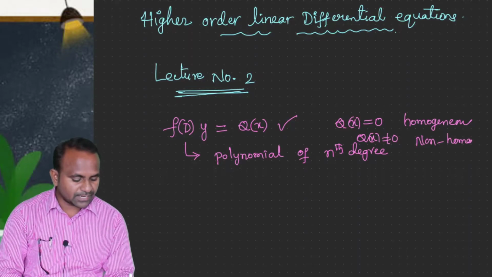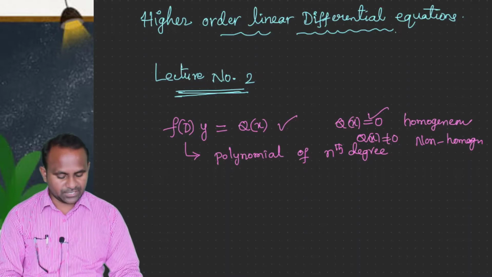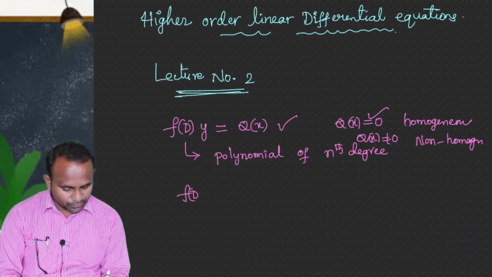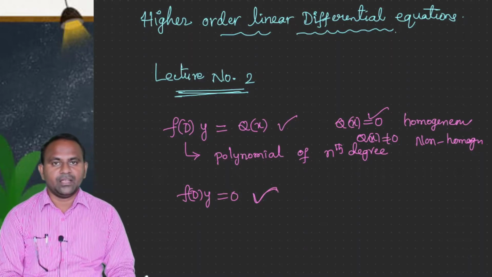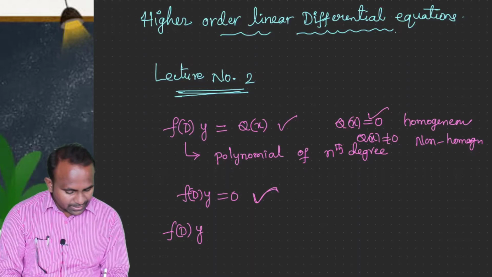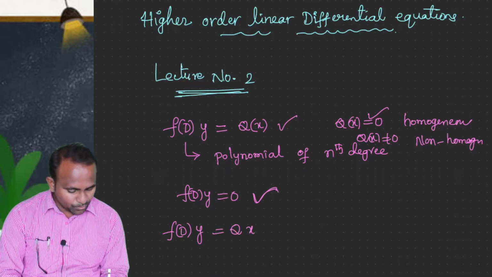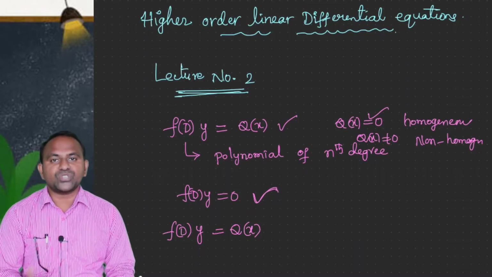In the previous lecture, lecture 1, we have seen how to solve a homogeneous type of differential equation. I mean to say, f of D of y is equal to 0 type of differential equation has been solved. Now whenever you are given f of D of y is equal to Q of x, a non-homogeneous linear higher order differential equation, how to solve it?